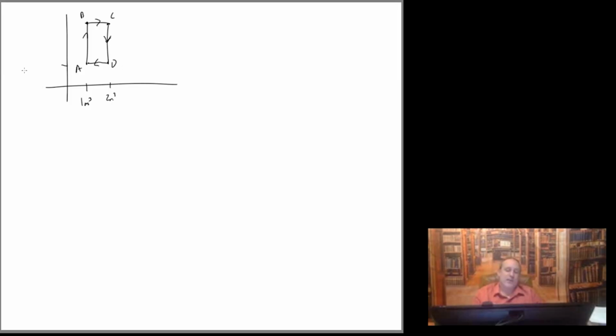And then this will be 1.013 times 10 to the 5th pascals. And this one can be 4.052 times 10 to the 5th pascal. So basically it's 4 atmospheres and 1 atmosphere.